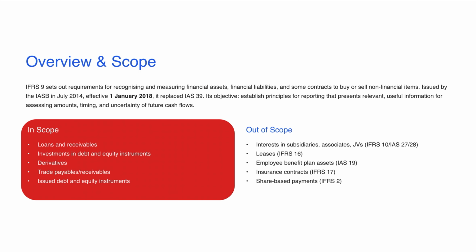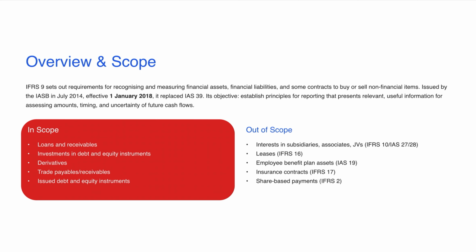IFRS 9 sets out the requirements for recognizing and measuring financial assets, financial liabilities, and certain contracts involving non-financial items. It replaced IAS 39 and became effective from January 2018. For ACCA Financial Reporting, IFRS 9 is particularly important because questions can test classification, measurement, impairment, derecognition, and hedge accounting.